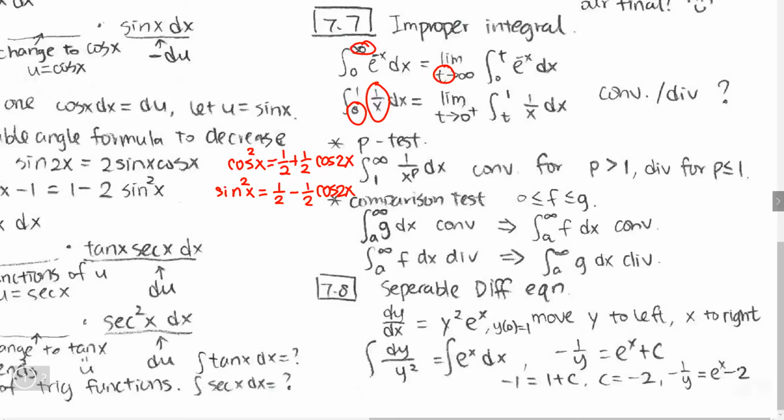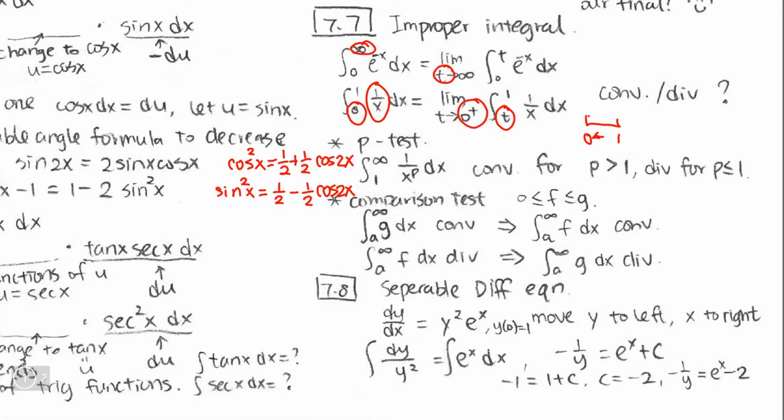That's why you replace 0 by t, but you also need to figure out its left-side limit or right-side limit. So you look at the interval from 0 to 1, you're approaching 0 from the right. That's why you have the right-sided limit.